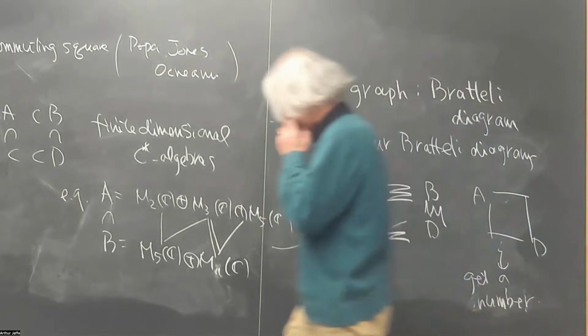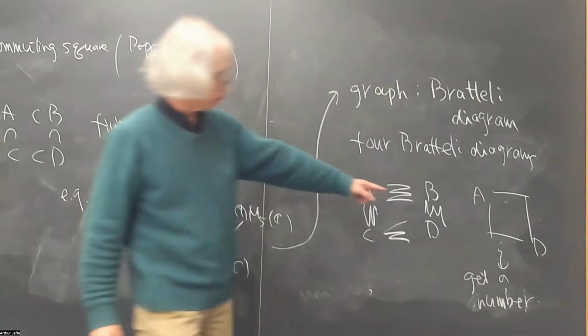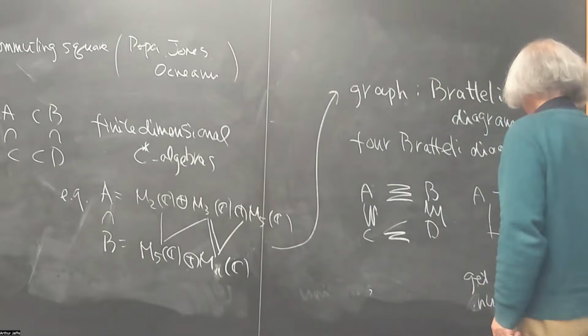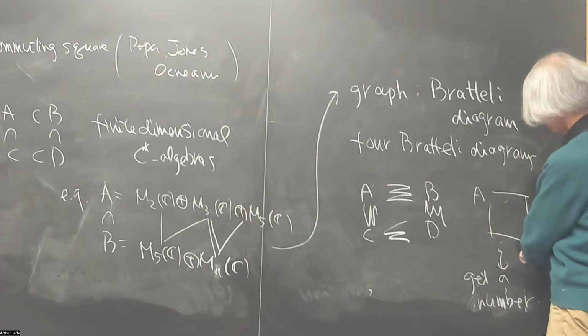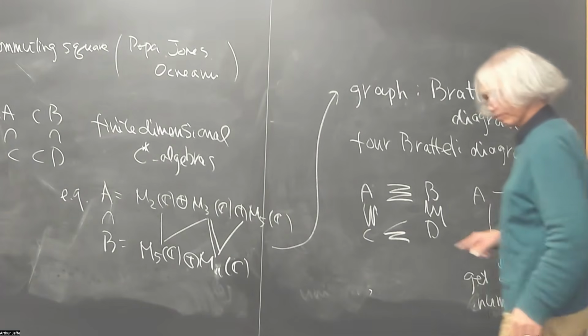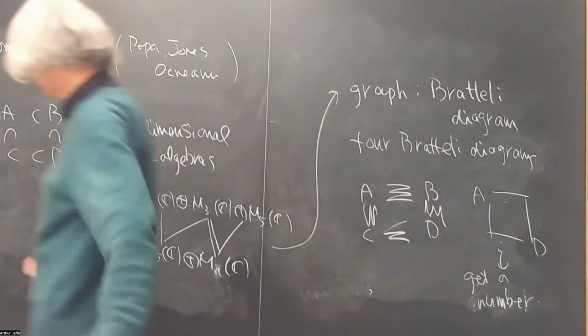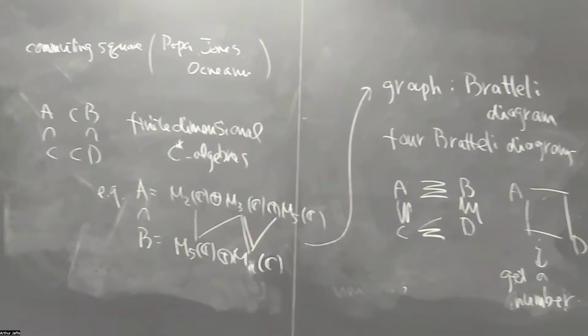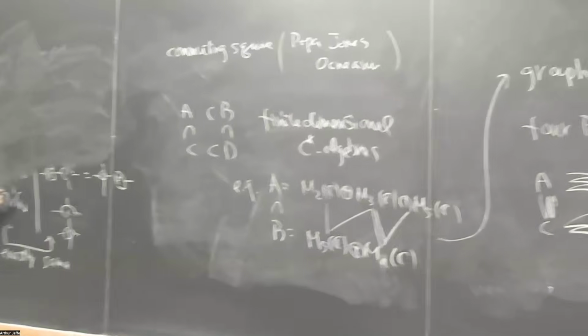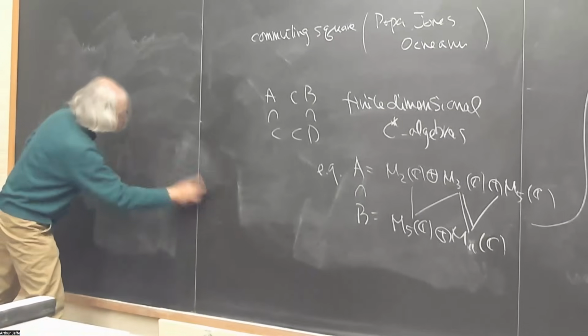So in this way, this is a square, so we choose 4 edges, and also these vertices must be the same. So we get a closed square. So each closed square gives a number.